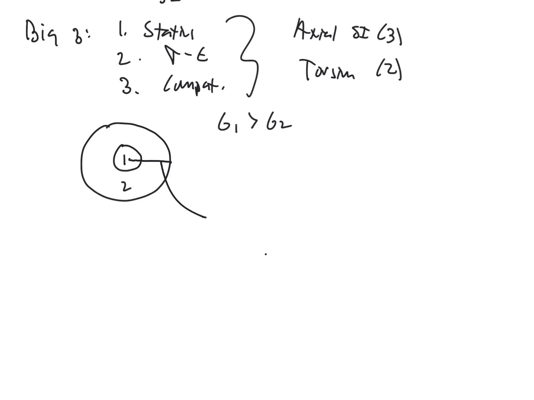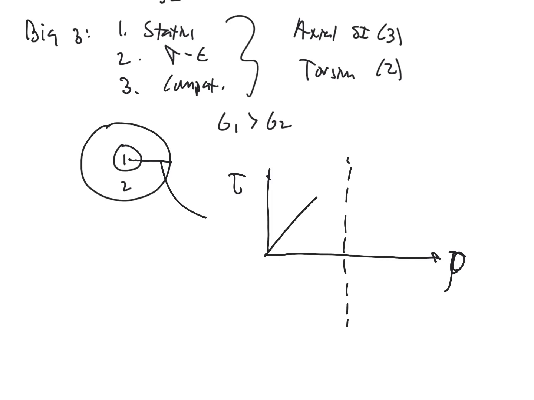Let's blow this up. So if G1 is greater than G2, what does the stress distribution, tau, look like? Oops, I should say tau right here. Pardon me, that's as a function of the radius. Sorry about that. So G1, the core, is greater than that in the shell, and the answer is this.